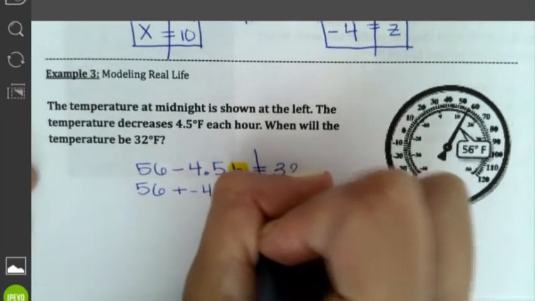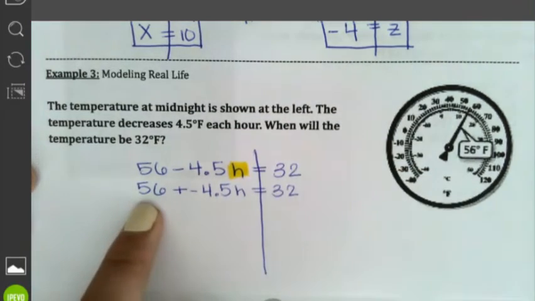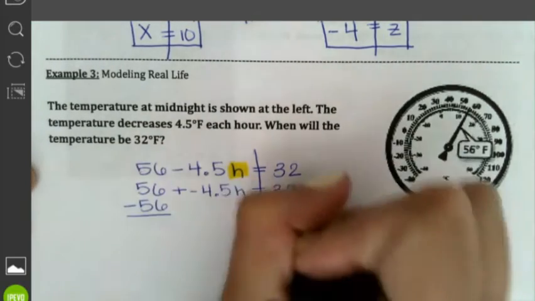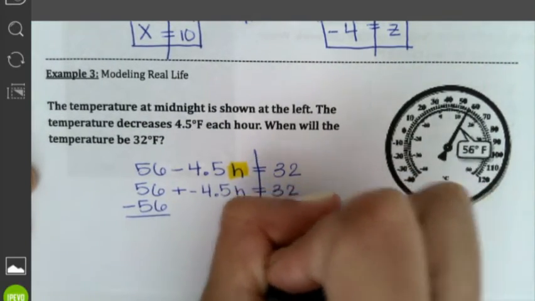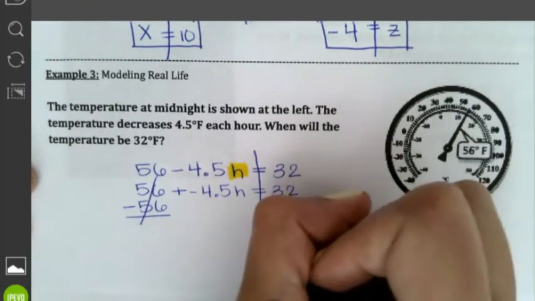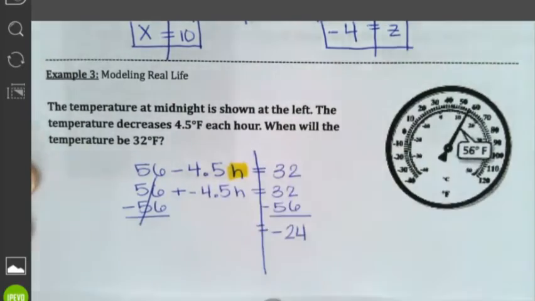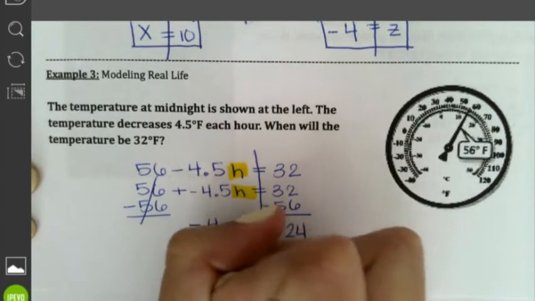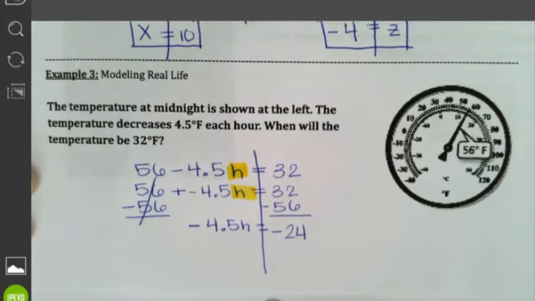or add the opposite. Because when I get rid of this positive 56 by subtracting 56, you're going to notice something. So subtract 56 from both sides. It's going to give me negative 24 on this side. But what we notice about what remains on the left side of the equal sign is that we have a negative 4.5 times h.